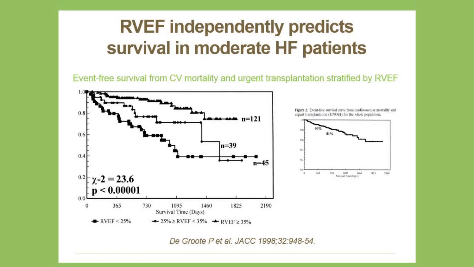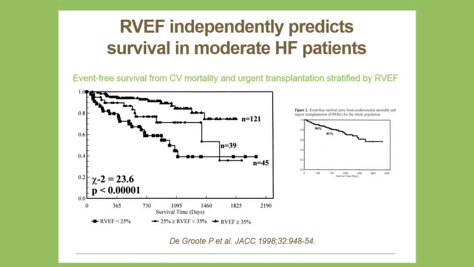The major finding of this trial, the total population survival curve from cardiovascular mortality and urgent transplantation, is on the right of the screen. At 1 year, the total study population had a survival of 90%, and at 2 years, 81%.